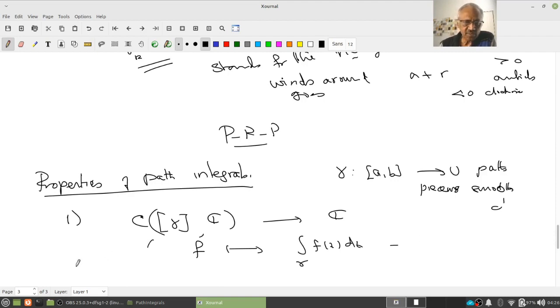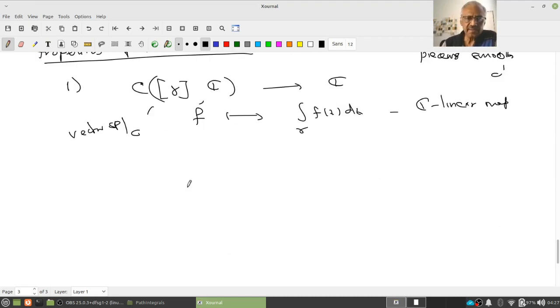This is a complex vector space, and this is a complex linear map. This is very easy once you realize this is nothing other than f going to the integral from a to b of f of gamma t gamma prime t dt.